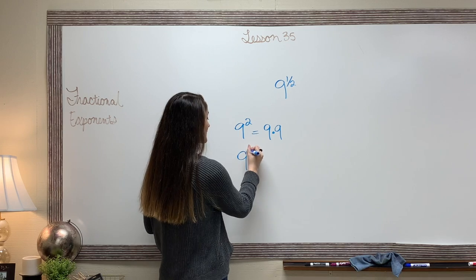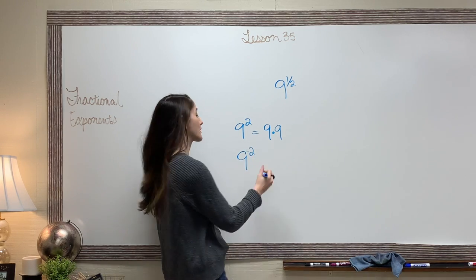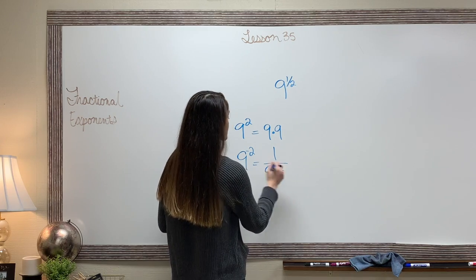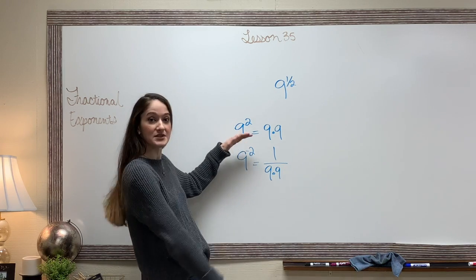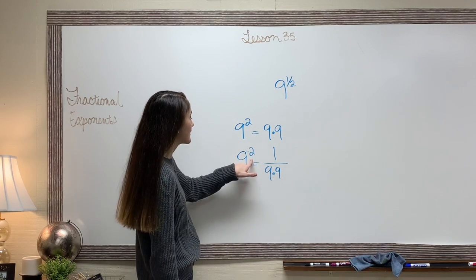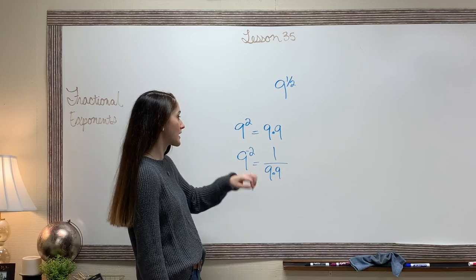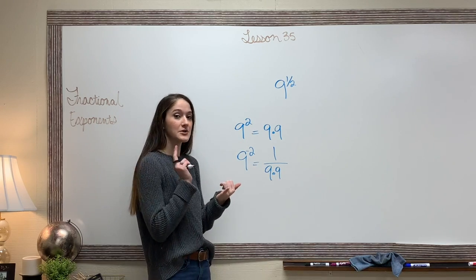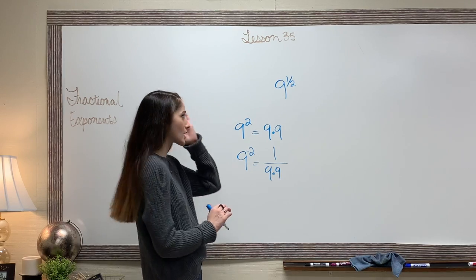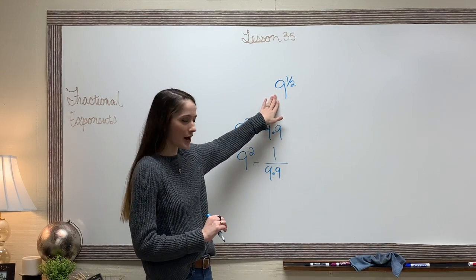If we had 9 to the negative second power, that would be saying 1 over 9 times itself, because the negative means I'm going to move its position from numerator to denominator or from denominator to numerator, and then the 2 is telling me how many times I'm multiplying it. So we already know what happens when our exponent is a positive whole number, when it is a negative integer, but now let's talk about fractions.